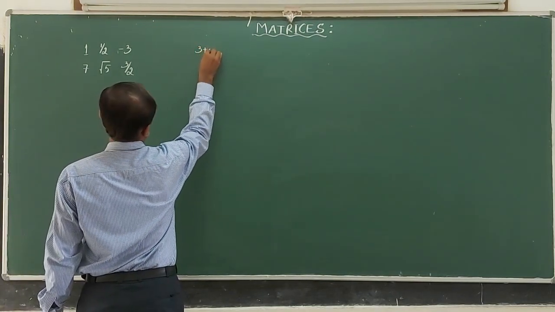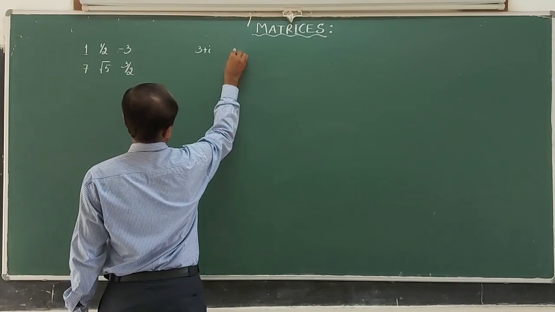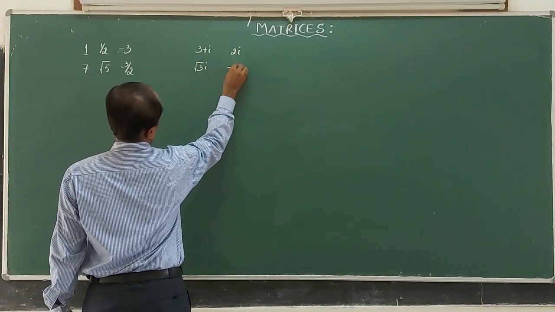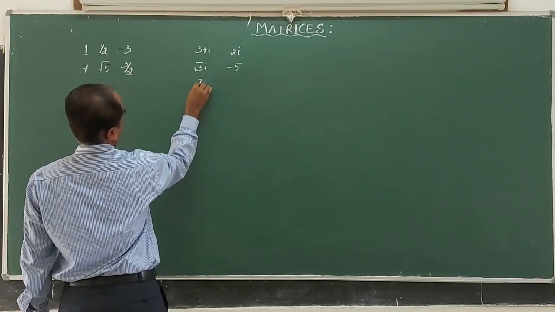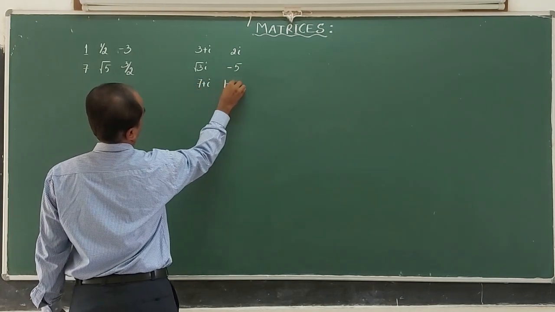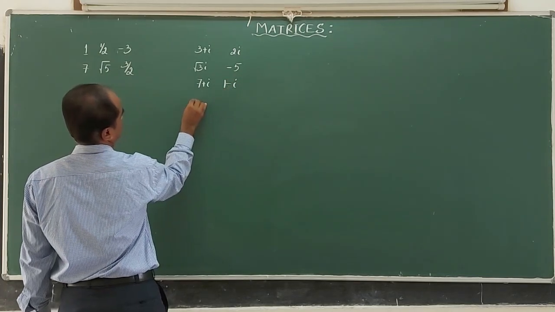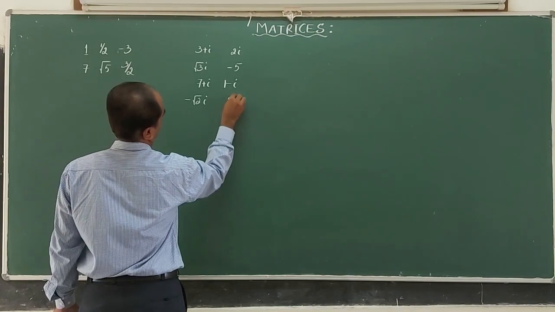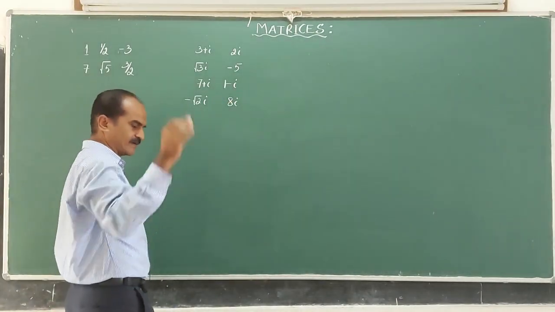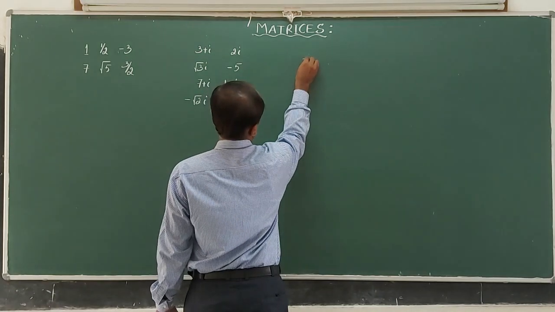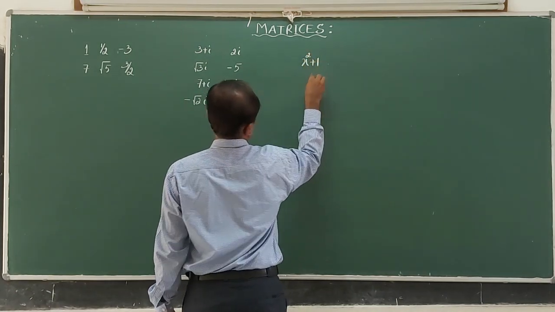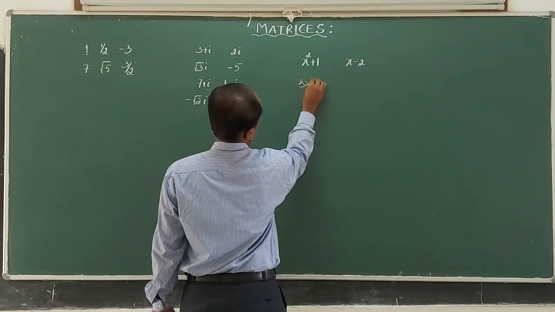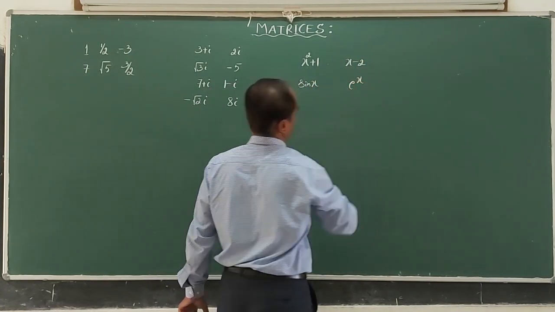Now I write, say, 3 plus i, 2i, root 3 i, minus 5, 7 plus i, 1 minus i, minus root 2 i, 8i. Now let me write some more. Say I write x square plus 1, x minus 2, sin x, e power x.